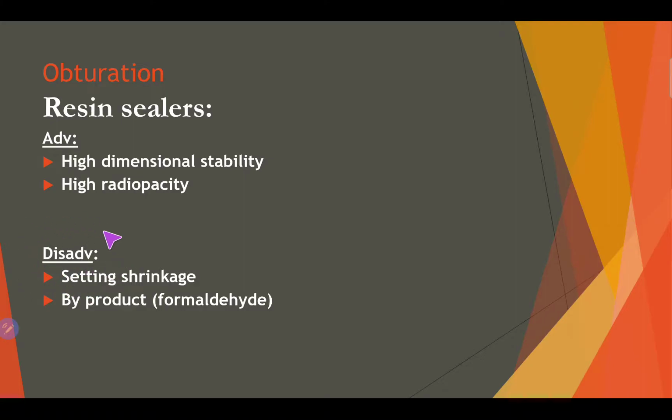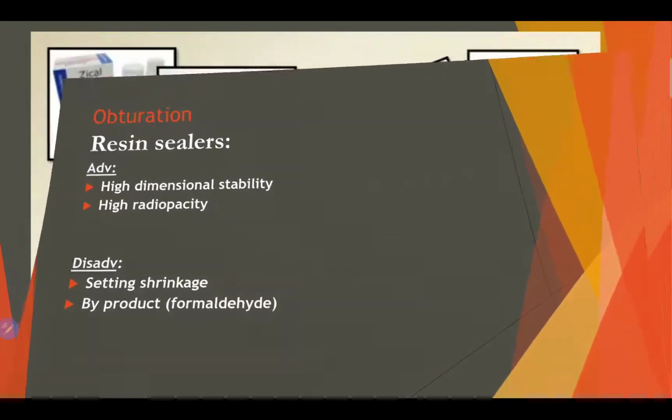But the disadvantage is setting shrinkage, and it releases a slight amount of formaldehyde. What's the setting shrinkage? It's dimensionally stable, and it has a very, very slight shrinkage during setting, but it's not recognized. It doesn't have any harmful effect on the sealing ability.